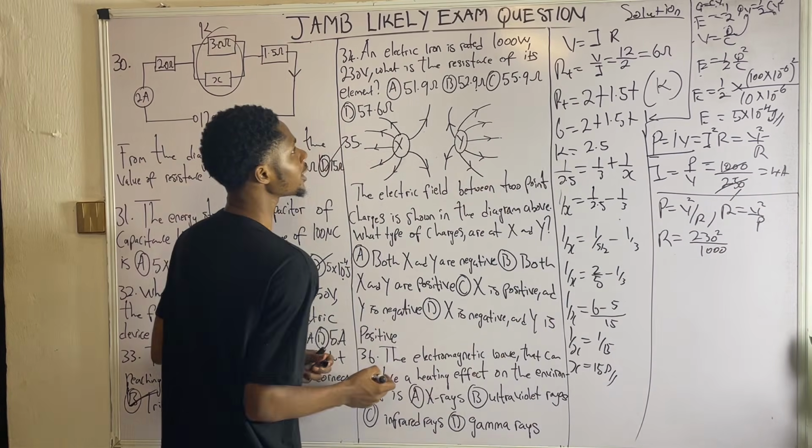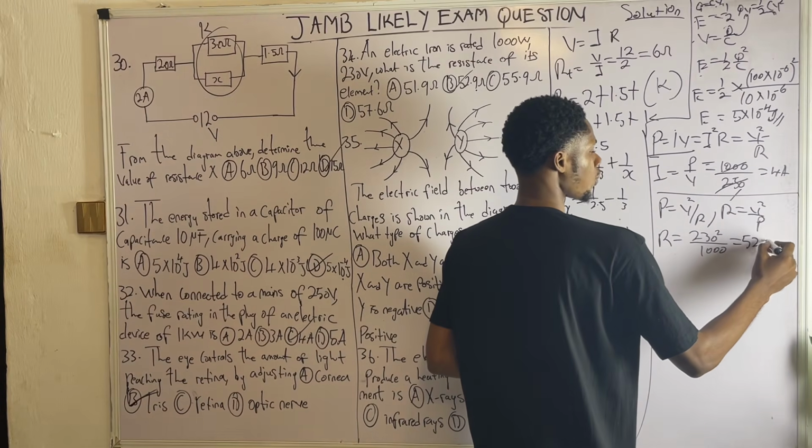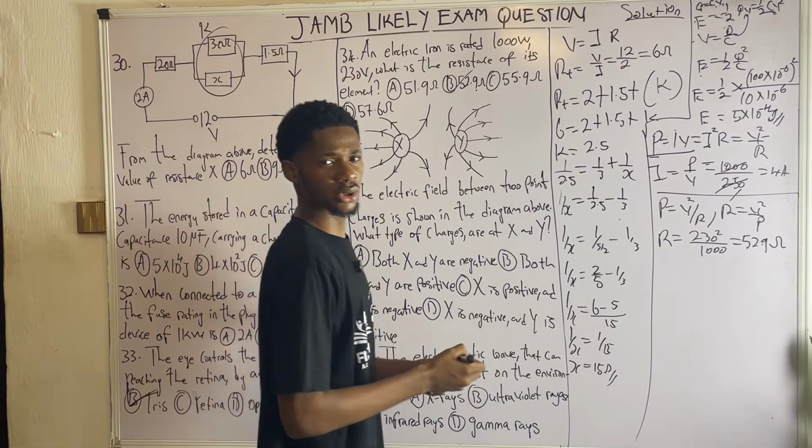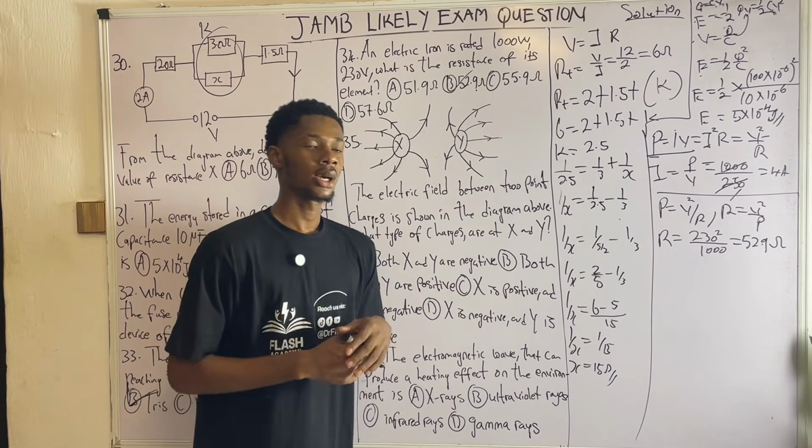When you do the math, you get option B, 52.9 ohms. Very, very easy, you just have to know the formula. I also have a video talking about electricity; you need to learn more of this.